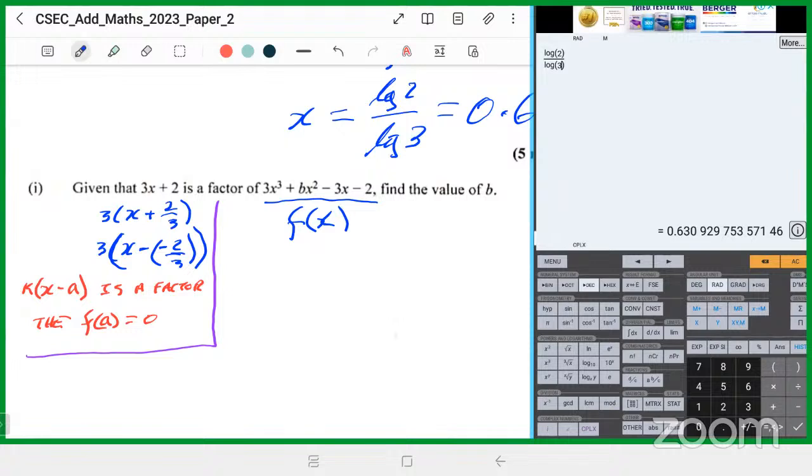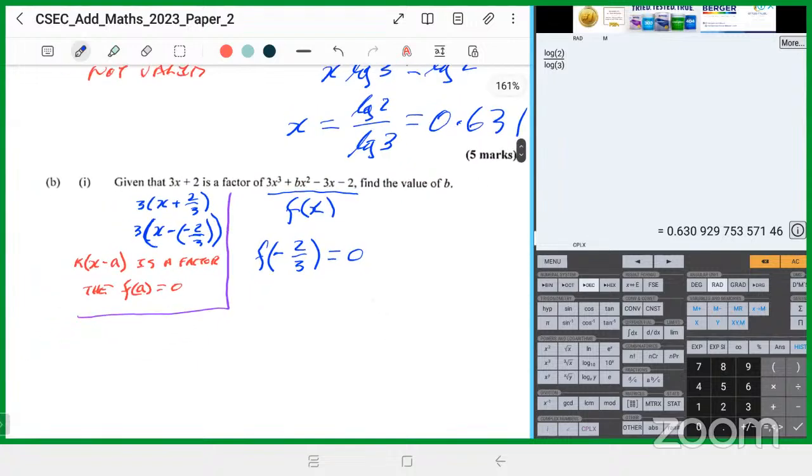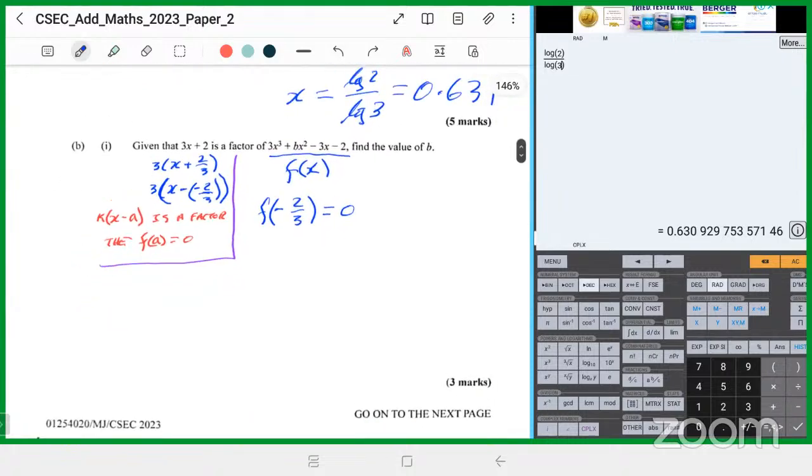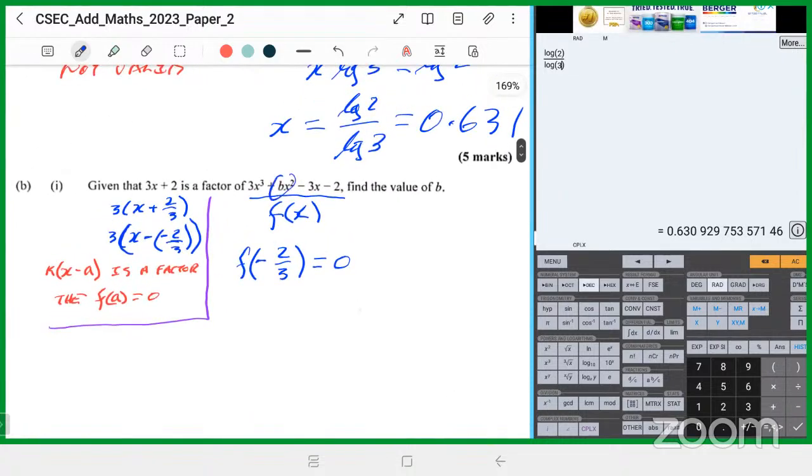So from this factor, f of negative 2/3 is equal to 0. It's a matter of substituting negative 2/3 in that function, equating it to 0 and solving for the unknown b.